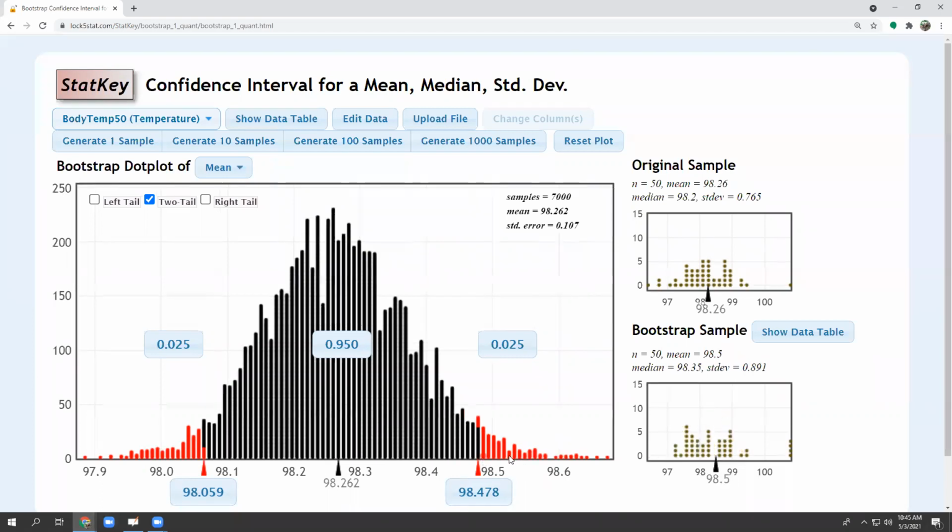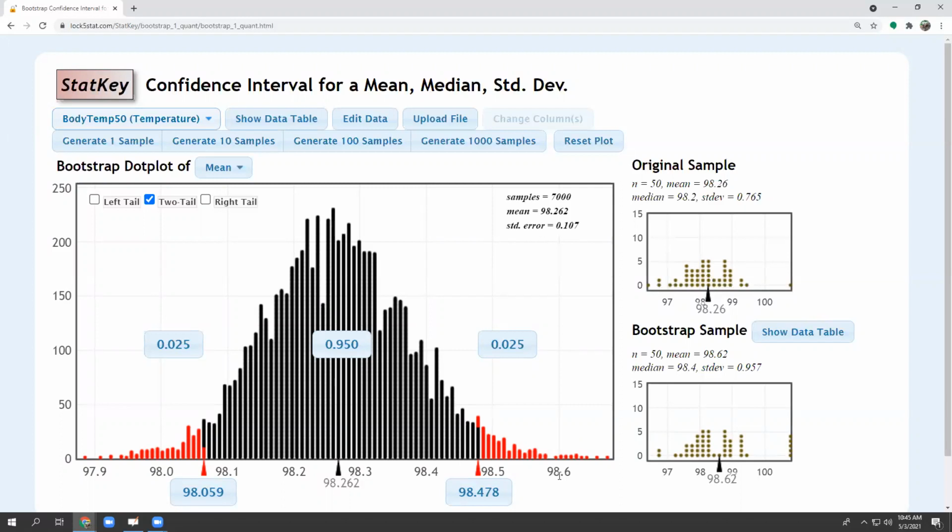So if this whole red area is 2.5% of all possible samples, then I'm guessing that this part right here is probably 2%. So this is on the edge of the upper 0.5% of possible samples that we might get, which is pretty rare, right? So I'm guessing there's like a 0.5% chance, if this is a good sample representative of the population, that we'll find a sample where the average of 50 people is 98.6. So I'm estimating the percent of that happening based on the sampling distribution.